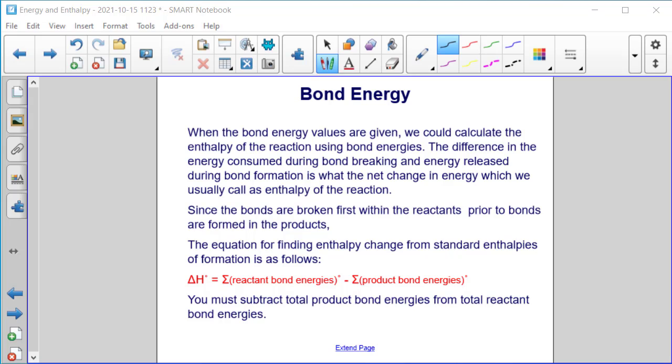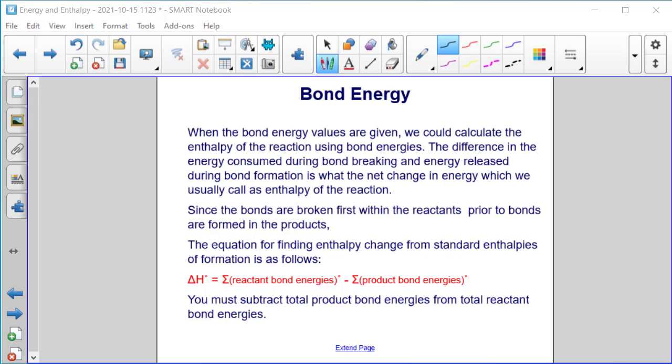The difference in the energy consumed during bond breaking and the energy released during bond formation is the net change in energy, which we usually call the enthalpy of the reaction.